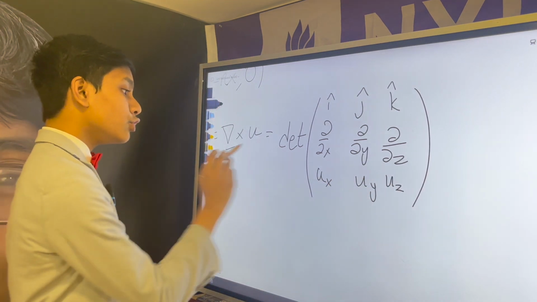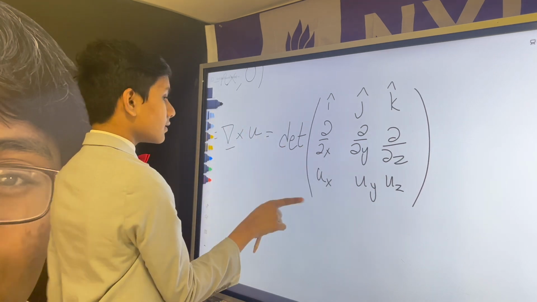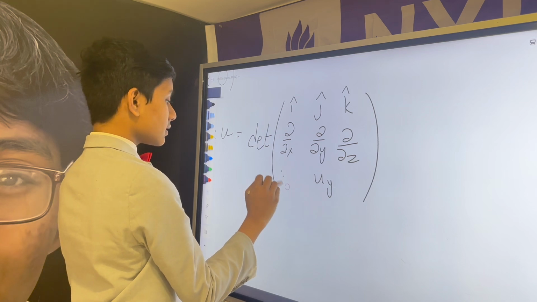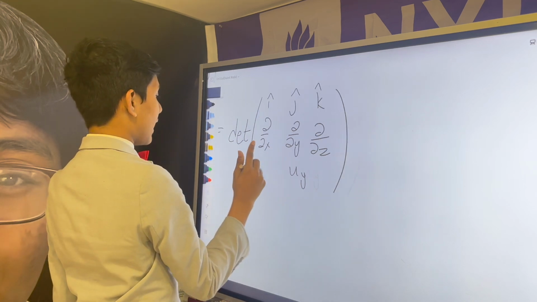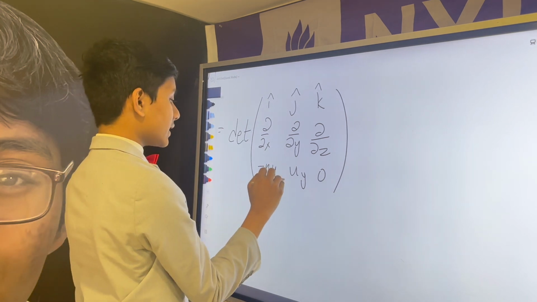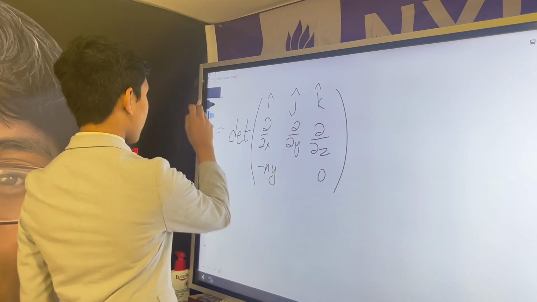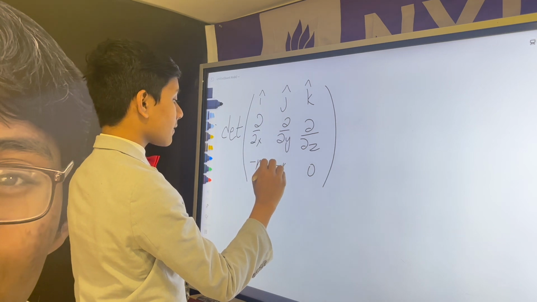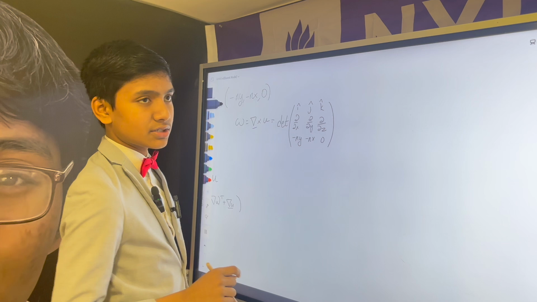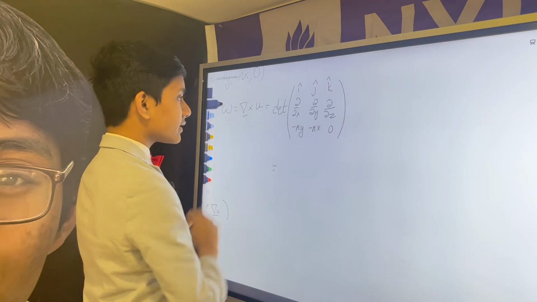Now we plug in ux, uy, and uz. Now uz is just 0, ux is negative ny, and uy is negative nx. So these entries are the only things that are going to change. So we take the determinant of that.